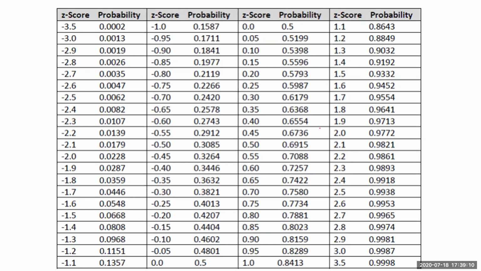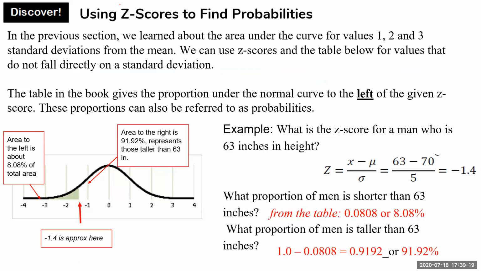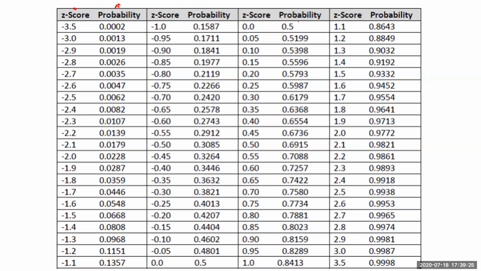Okay. So you realize that this table has z-scores and they have the corresponding probabilities. Is that okay? So we are looking at using z-scores to find probabilities. If you find a z-score, you go to the table and look for the corresponding probability on the z-score table.